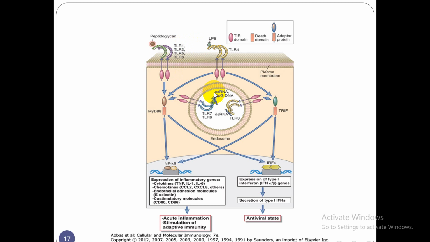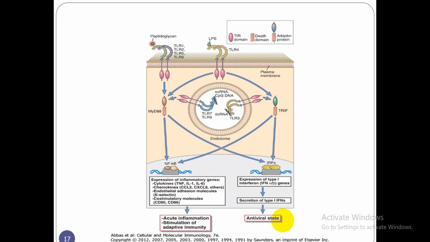And then you see a cascade of molecules become activated inside the cell. And finally, some genes can be transcribed and produce some products which are involved in inflammatory responses or antiviral responses.